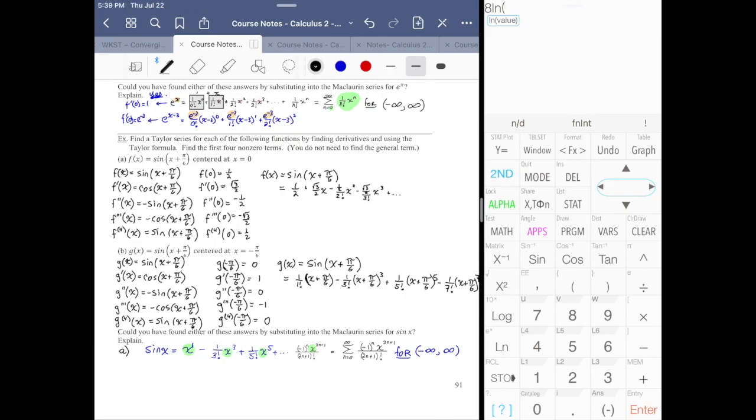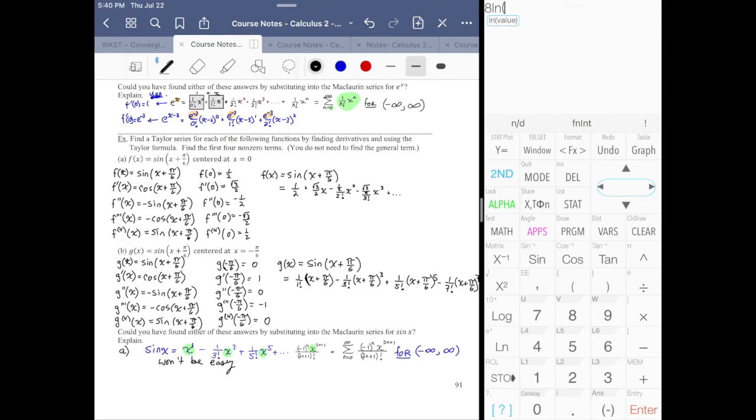To get from the sine of x to the sine of x plus pi over 6 just by substituting an x plus pi over 6, well, that's going to make it pretty ugly here. I would say it won't be easy. But there would be some adjustments that you could make to the Maclaurin that would get you eventually here.